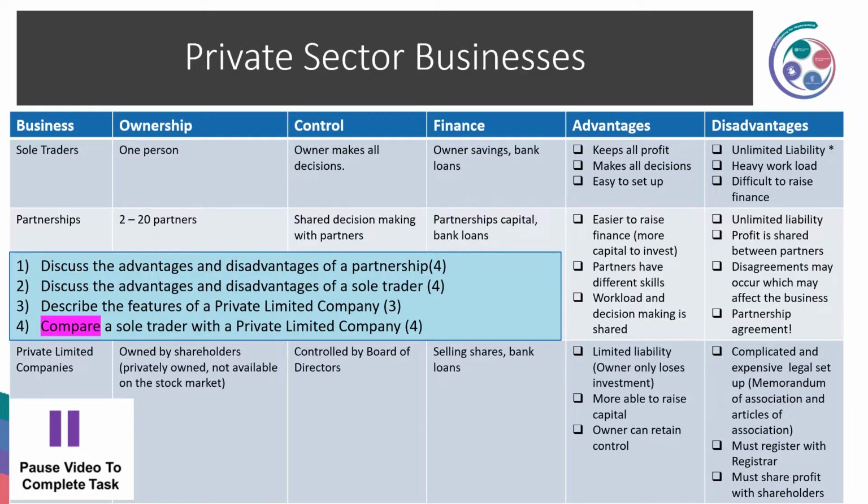The question that we're going to do now is compare a sole trader with a private limited company. So in which you would have a look at, again, the ownership, control, finance, and possibly some advantages and disadvantages. So that's a 4-mark question. So that should take you approximately 6 minutes.